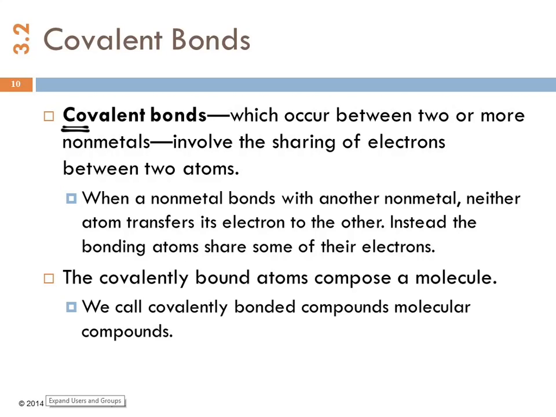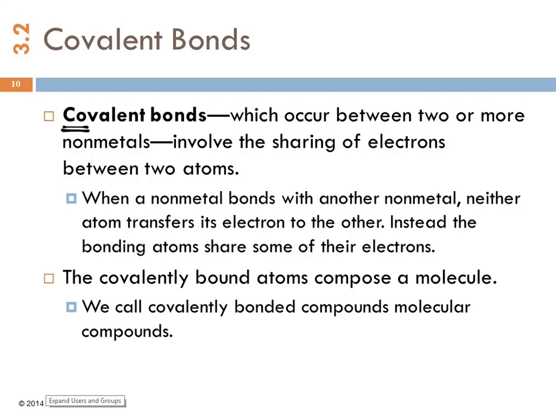What kind of ions do nonmetals want to form? Positive or negative? Negative. If both nonmetals want to form negative ions, who's going to give one up? Neither is willing to give up an electron and become positive. So because they can't agree on who's going to give one up, they're going to share the electrons instead.